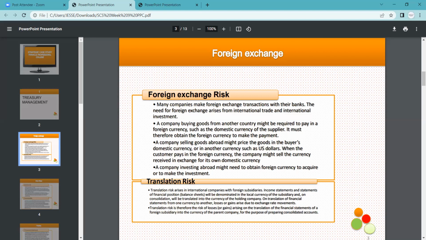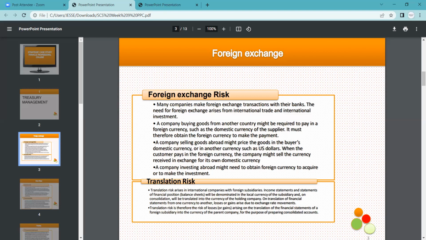So a company buying goods from another country might be required to pay in a foreign currency, such as the domestic currency of the supplier. So whoever this local businessman is doing business with, they may be required to use the domestic currency of the person that's supplying them the goods. And therefore, the local businessman must obtain the foreign currency to make the payment, right?